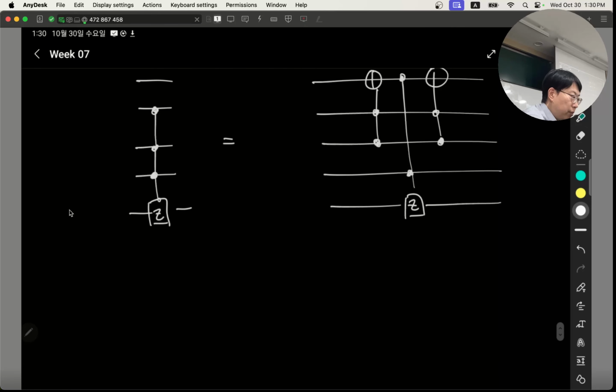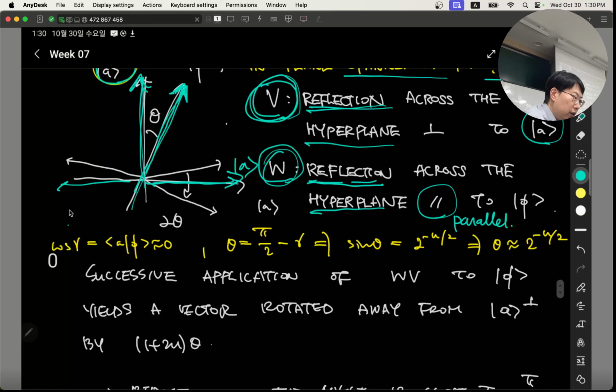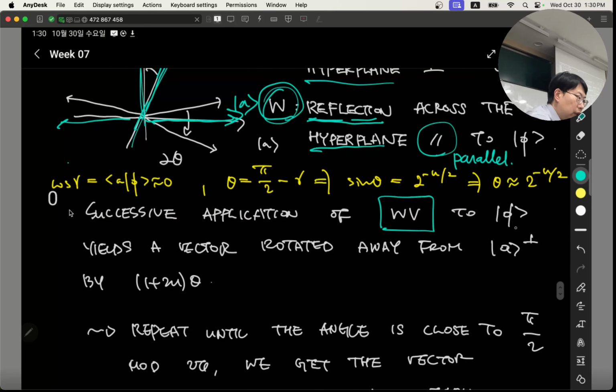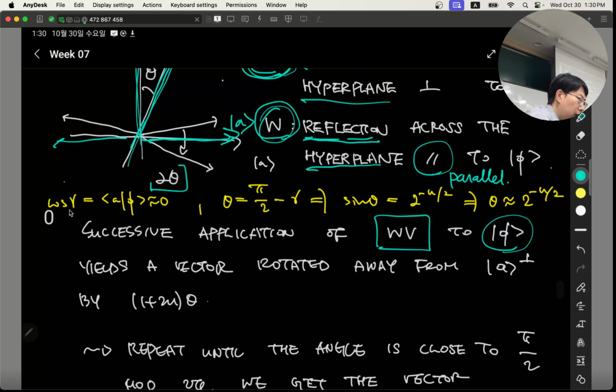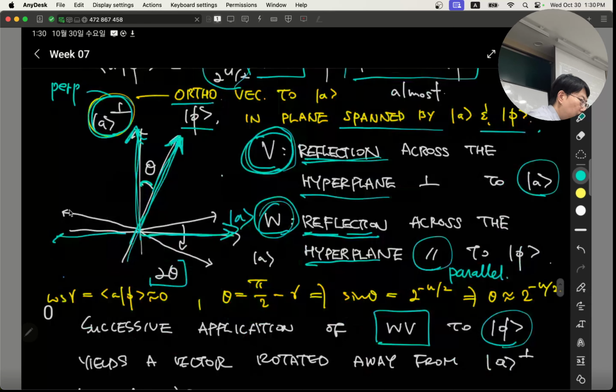So let's go back to our discussion here. When you apply V and W, you keep rotating the vector V by 2 times theta, where theta is the angle between these two vectors, V and A perp.